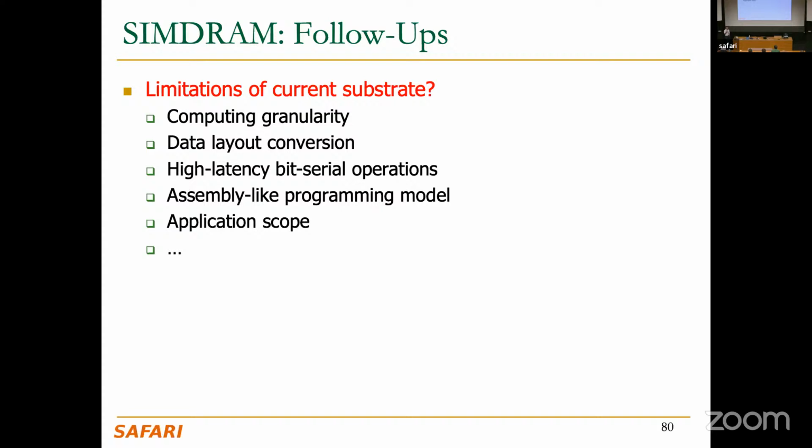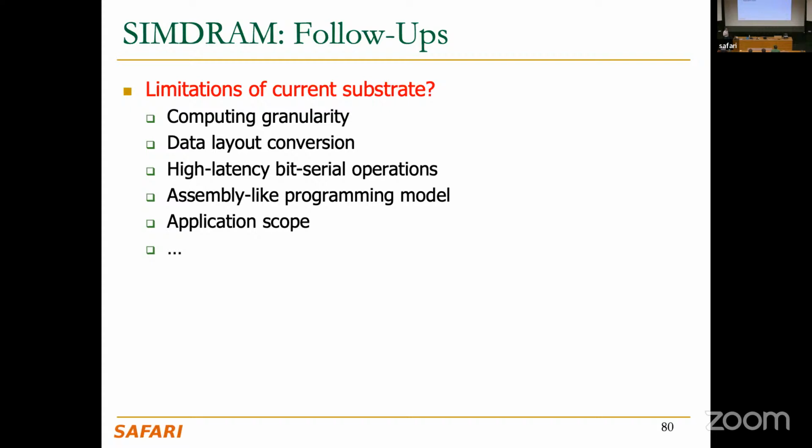And this gets worse because multiplication is an operation that scales quadratically with the bit precision. So doing a 16-bit multiplication takes 4 times more latency than doing an 8-bit multiplication, for example.